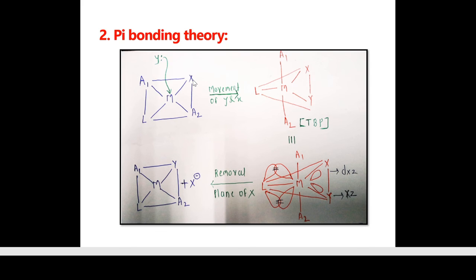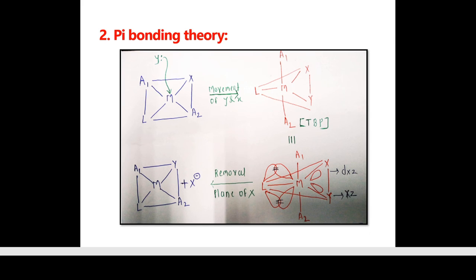The ligand X is situated trans to L. The transition state in this reaction has a trigonal bipyramidal geometry, after movement of Y and X. This trigonal bipyramidal transition state can be stabilized by an empty pi orbital, means p orbital, d orbital or pi star orbital of the ligand.